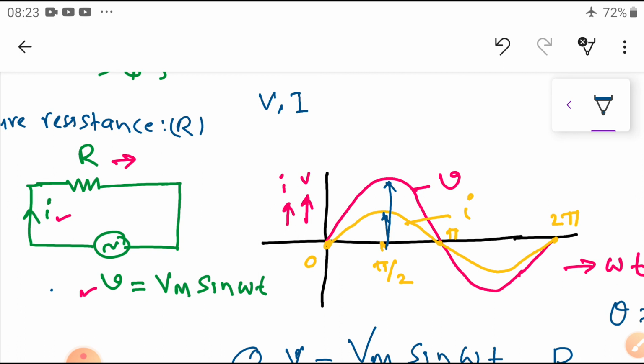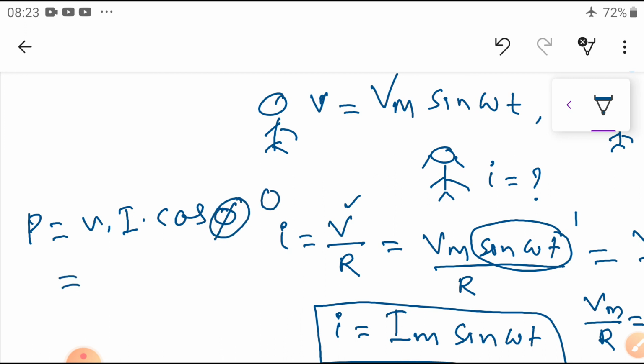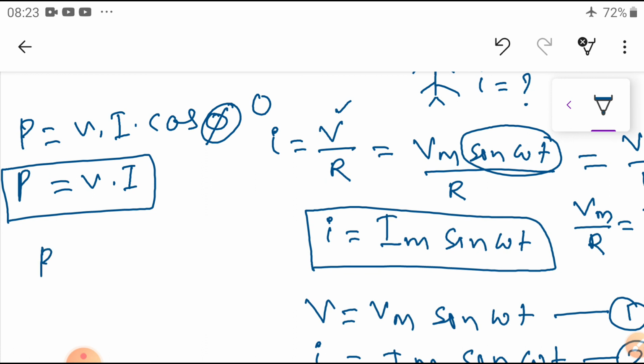The power consumed, we can write, P is equal to V into I into cos phi, but the cos phi value becomes 0 angle, so it is equal to V into I, we got the power. The power also we can calculate by I square R. Our current we know, resistance we know, so we can know the power in watts.